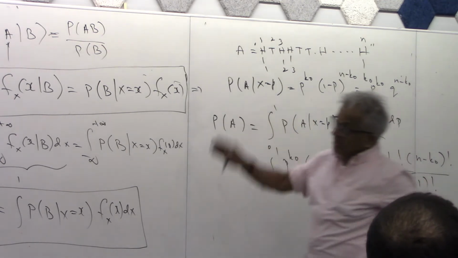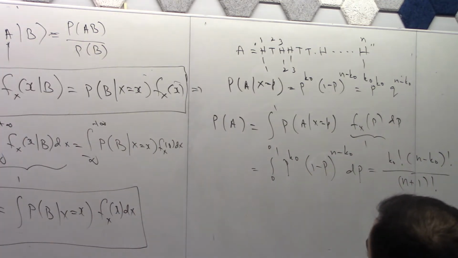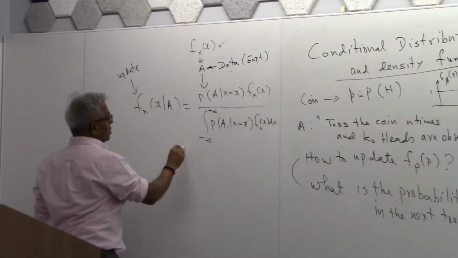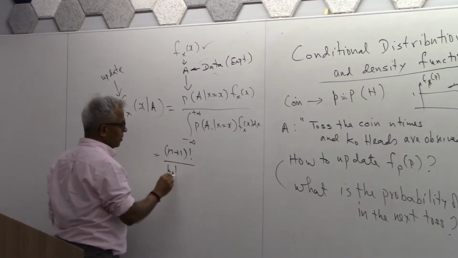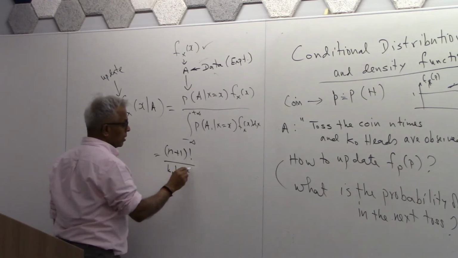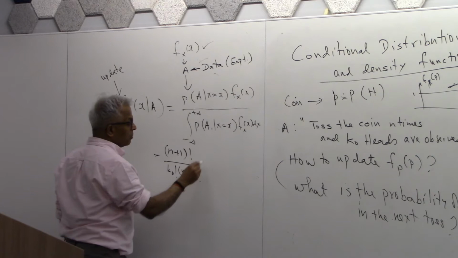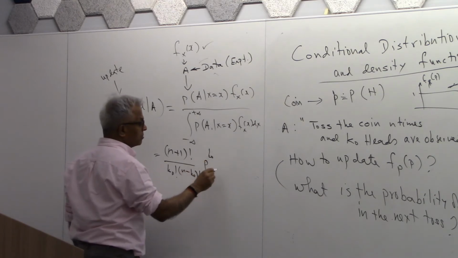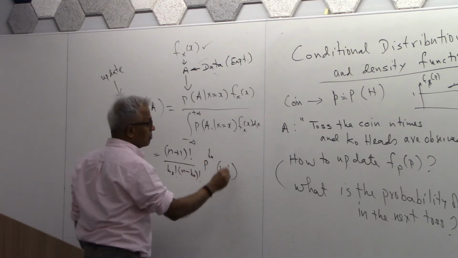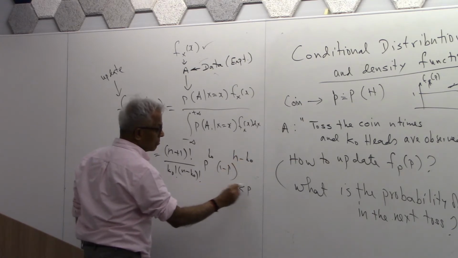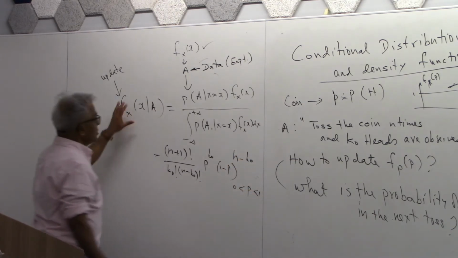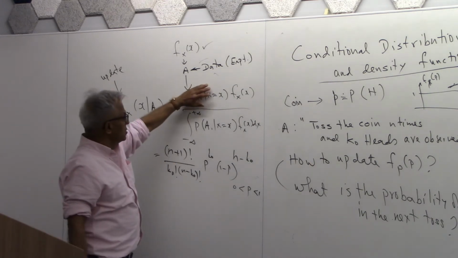So if that is the case, I can update it here directly, right? So this is going to be n plus 1 factorial. This is the denominator, k naught factorial, n minus k naught factorial. Suddenly the problem gets complicated, you see. So I just substituted for this.